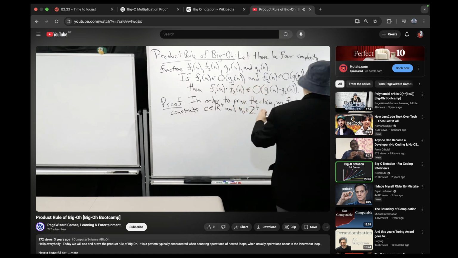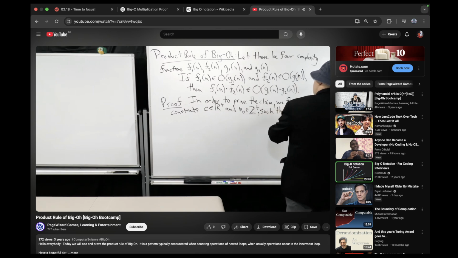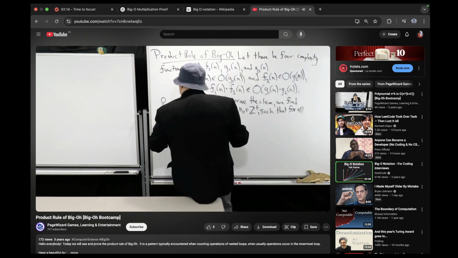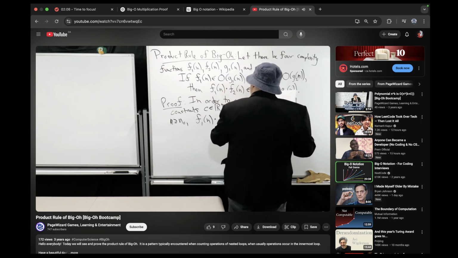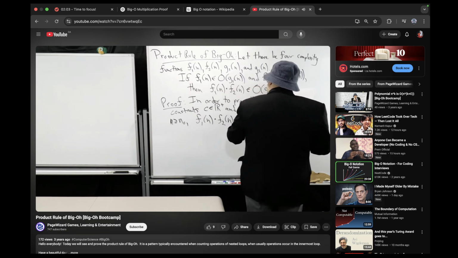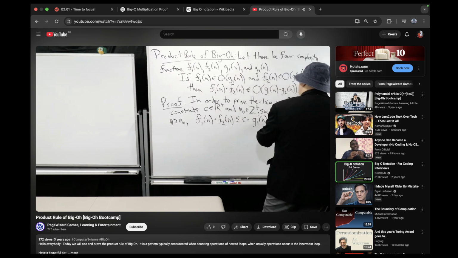A positive integer. Such that for all n greater or equal to n0, it must be that f1 of n times f2 of n is less than or equal to c times g1 of n times g2 of n, right?